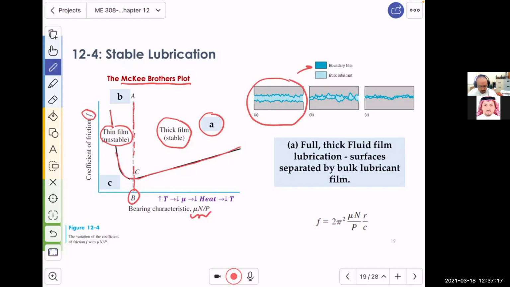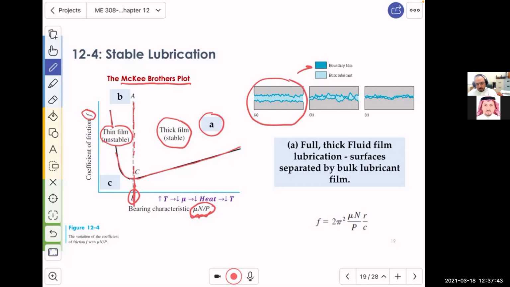Now, to maintain this, you need to make the condition right to be in the right region. So you need to make sure that mu N divided by P is more than this number.